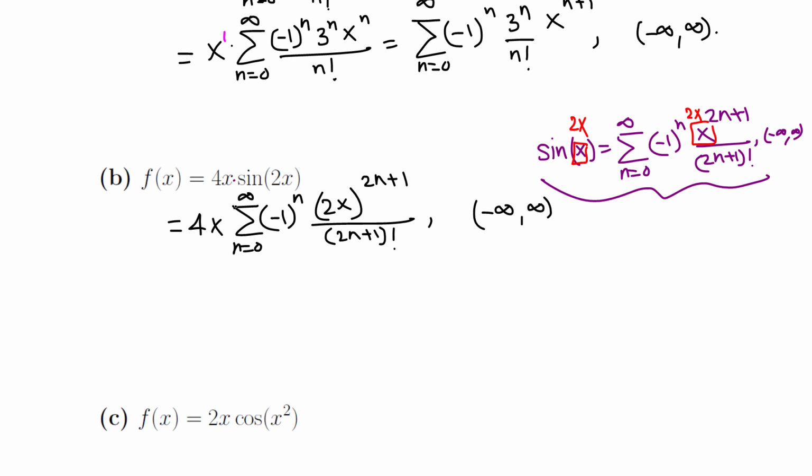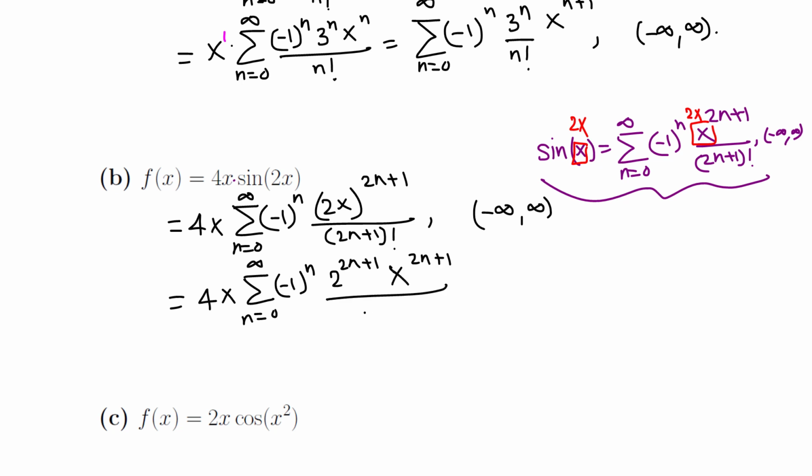Okay, now let's simplify. So 4x, let's leave outside for now. The sum from n equals 0 through infinity, (negative 1)^n, 2 raised to that number times x raised to that number, 2n plus 1, all over (2n+1) factorial. Now we need to take this inside, so x^1 and x^(2n+1) give x^(2n+2); we multiply, meaning we add the exponents.